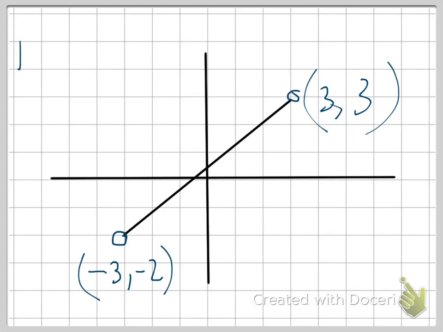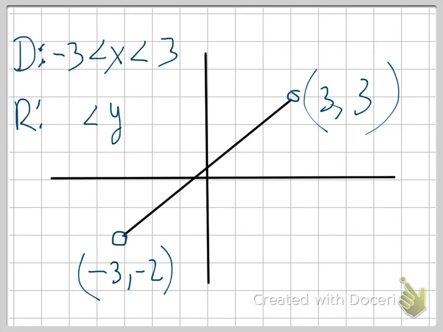Well, for the domain, the x values, instead of being or equal to, it's just negative 3 is less than x, which is less than 3. And for the range, y is greater than negative 2 and y is less than 3. The or equal to has been dropped. Okay.